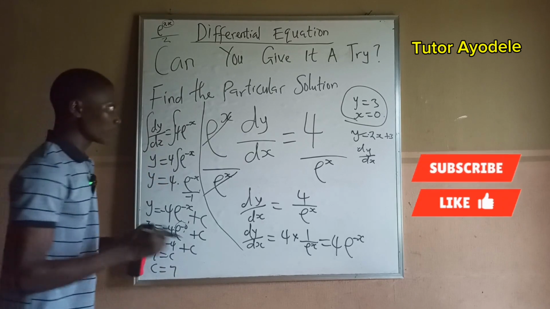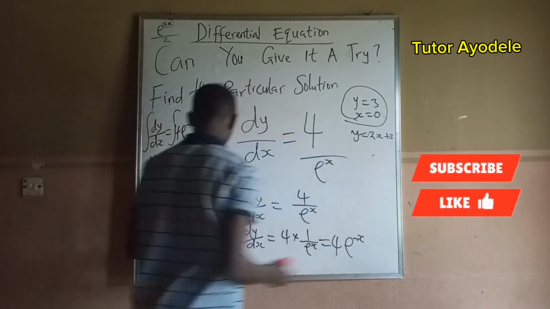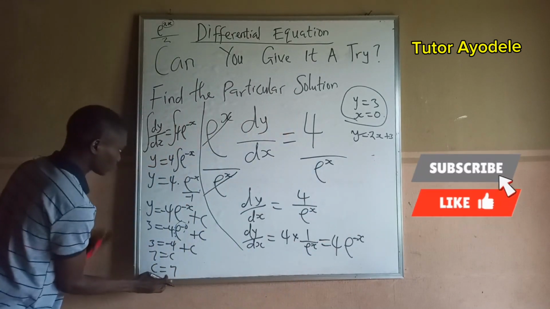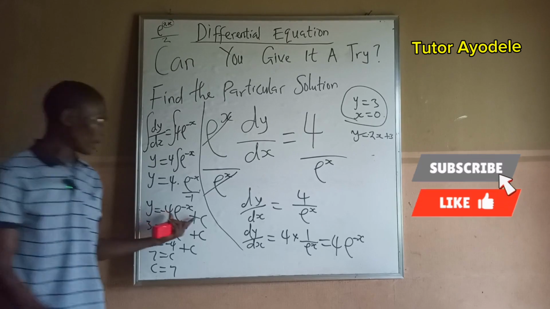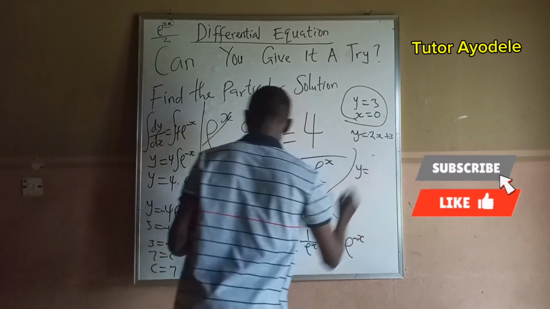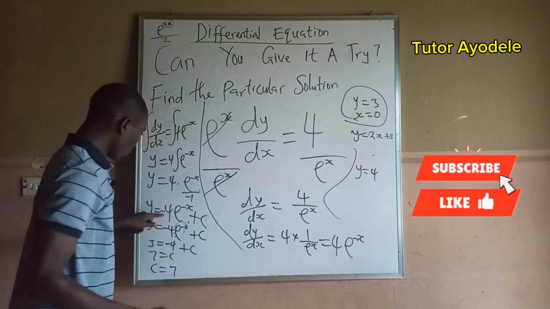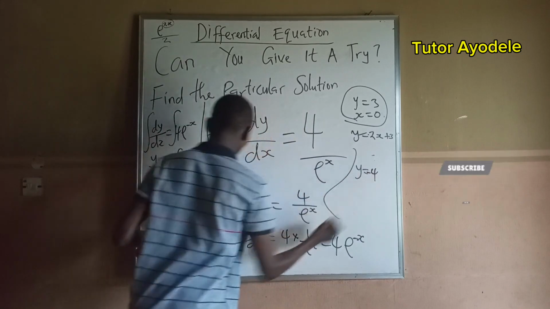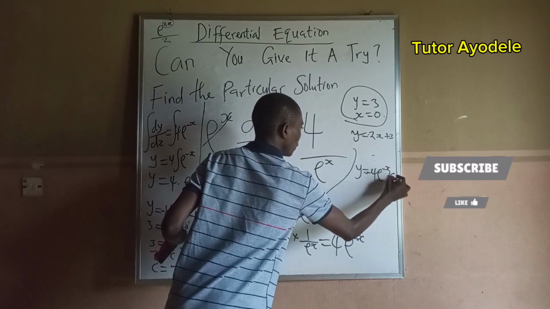Now we're almost done. Okay, so let's finish the remaining work here. Now that I've gotten the value of my constant, I will come back to the equation of y here. I will say y is equals to minus 4 exponential minus x plus c.